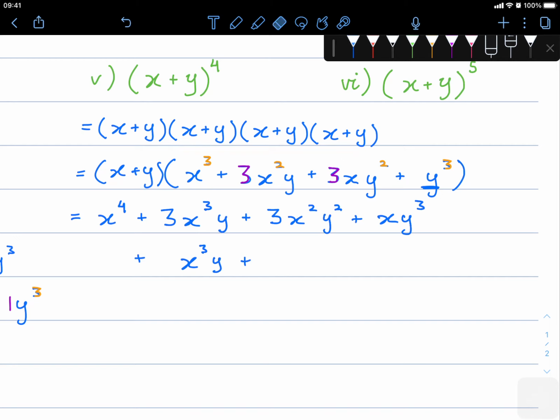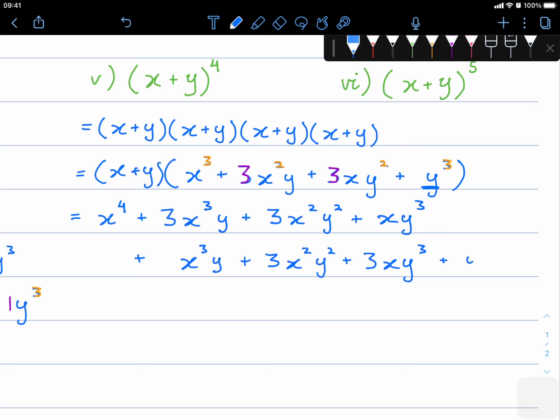Plus y times 3x squared y. That's going to become 3x squared y squared. Y times 3xy squared. It's going to become 3xy cubed. And lastly, y times y cubed.